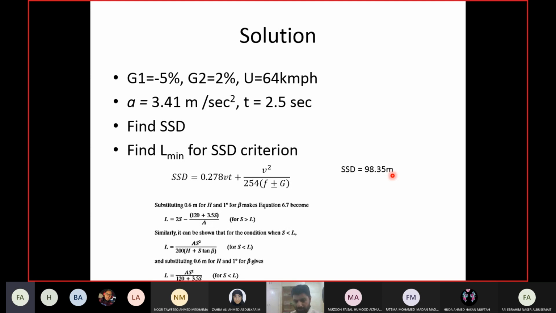As a rule, if you put a negative number in the denominator and the number is higher, then the answer will be higher. If you want to check, you can check it with -2 and -5. You will see -5 gives you a higher value. So if you put -2 here, SSD will be lower than 98.35.